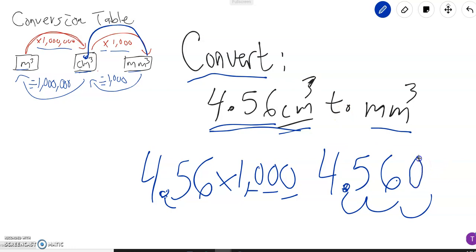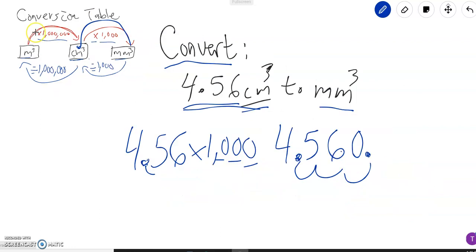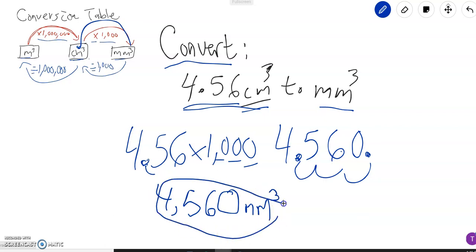I'll use the mouse. And this is where the decimal place gets moved to. So that means our answer is going to be this new number. Our answer is going to be 4,560 cubic millimeters.